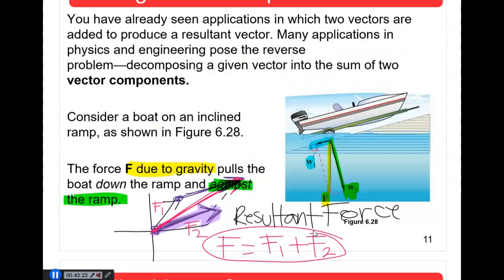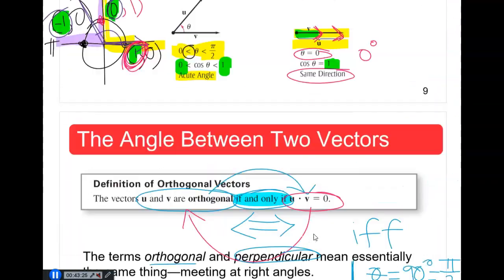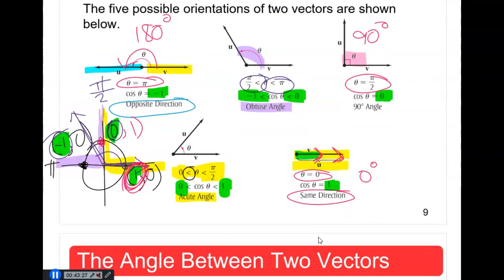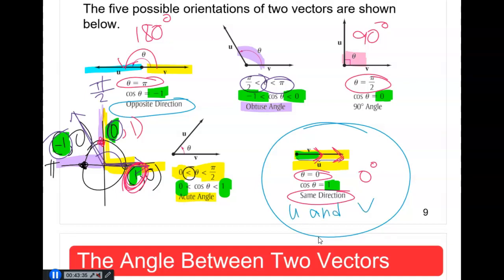So for example, I'm going to go back up, and that will be here. So we could say here that vectors u and v are parallel, and you could see that they are overlapping. I'm going to erase all this.